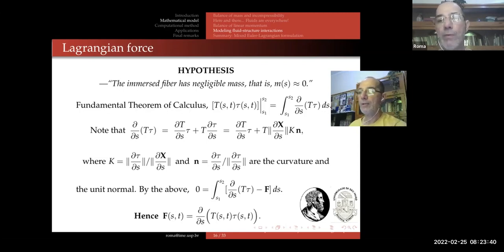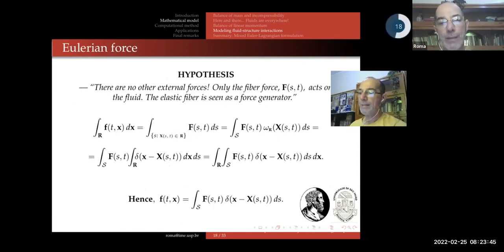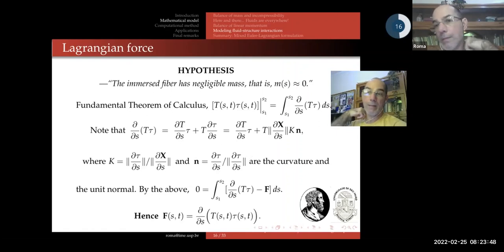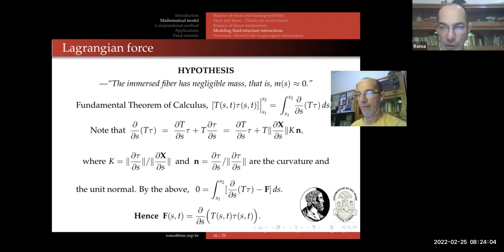So I can just put the two things inside the same integral sign. And since the segment that I'm considering is arbitrary, and I'm assuming continuity of the integrand, I can just write that this is 0, therefore I have the force arising at the immersed fiber given by this mathematical expression.